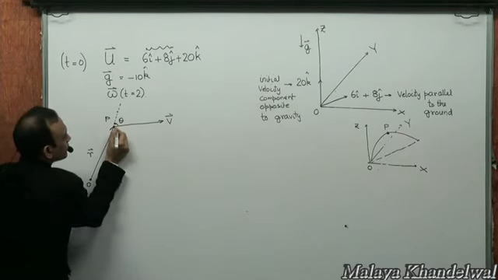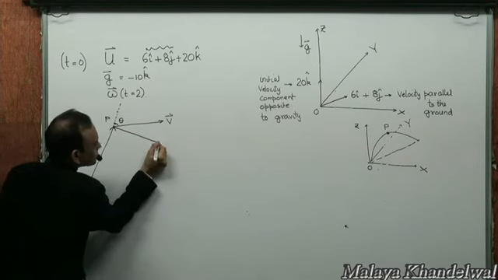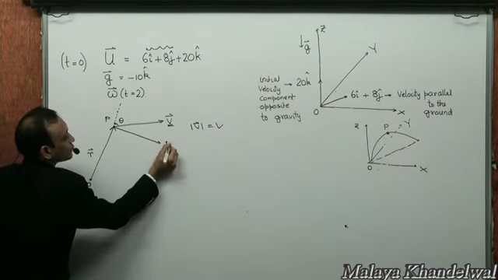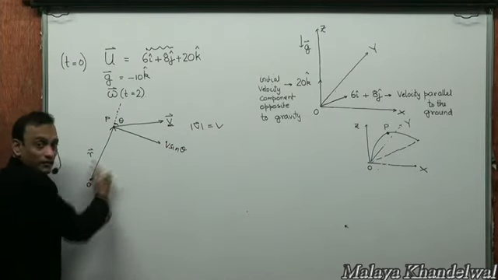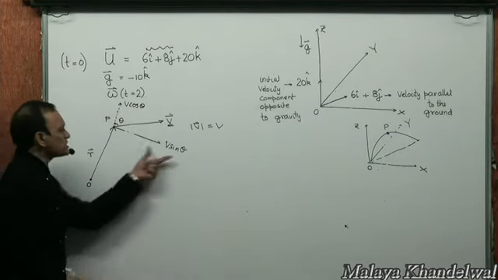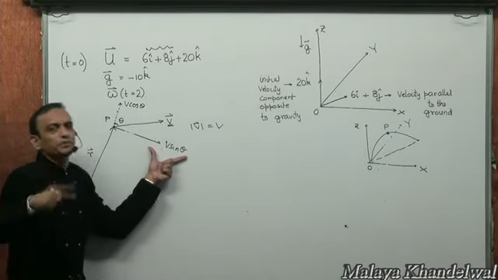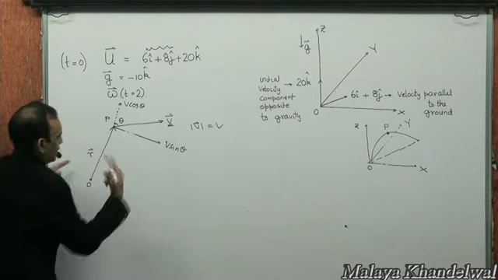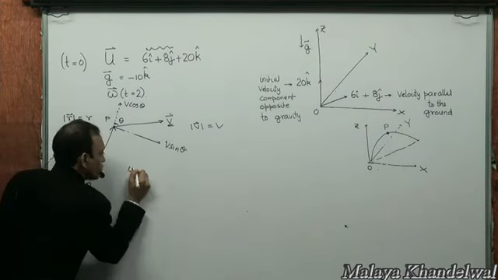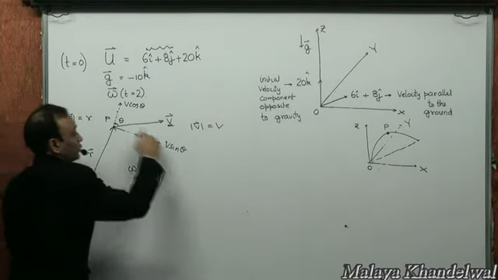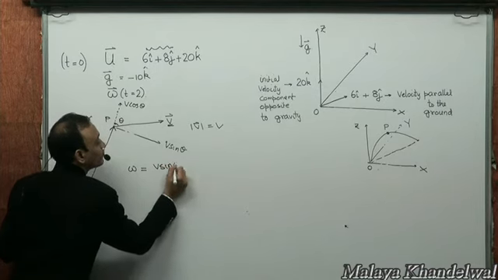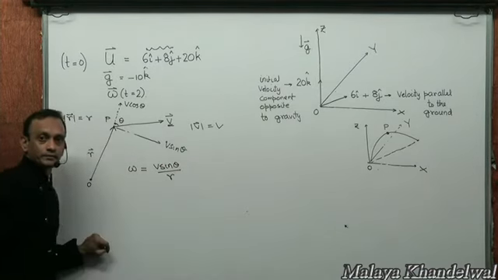V, whose magnitude is V, could have been resolved as V sine theta perpendicular to r, and V cos theta along r. This is the parallel component, and this is the component that produces angular velocity. Again, I assume that the mod of r is r. Angular velocity about O is going to be given in magnitude by V sine theta divided by r.